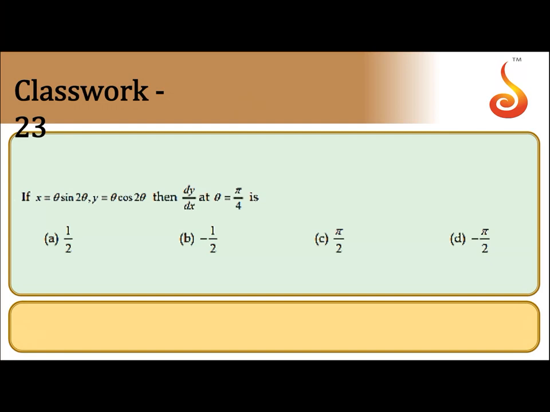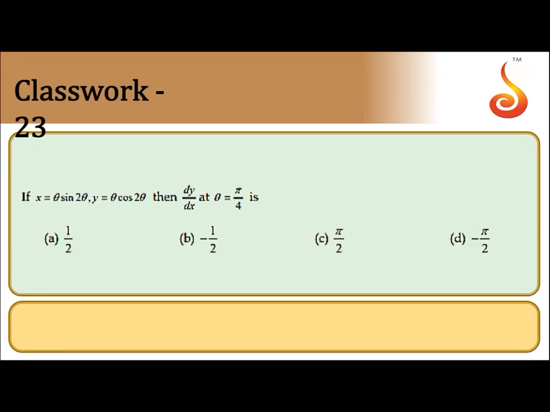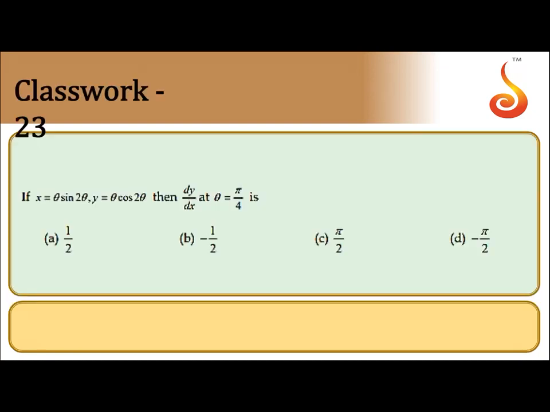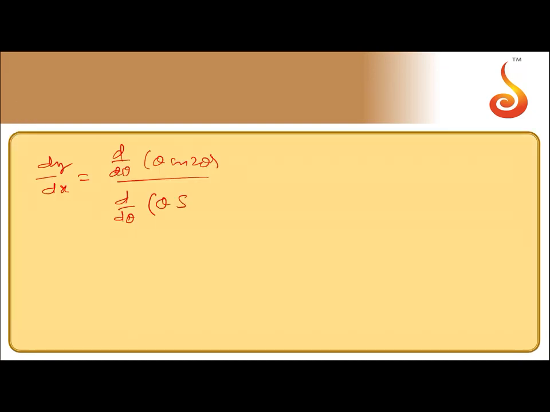Coming here, y is equal to theta cos 2 theta, x is equal to theta sin 2 theta. So dy by dx is equal to the derivative of theta cos 2 theta, d by d theta of theta cos 2 theta, divided by d by d theta of theta sin 2 theta.